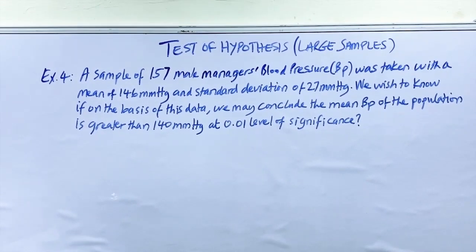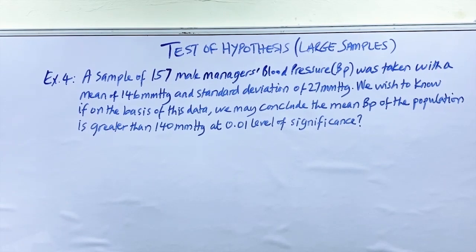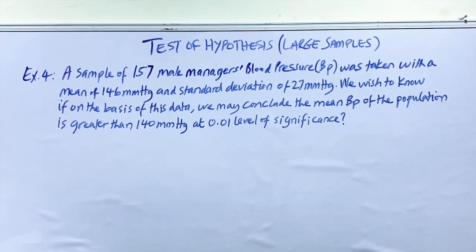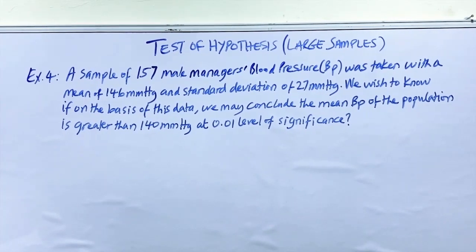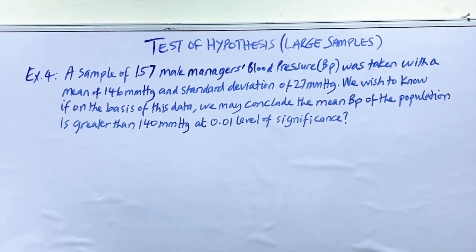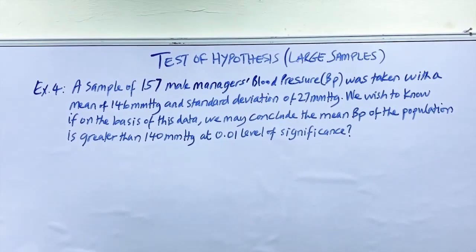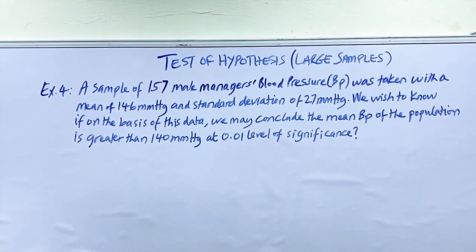We wish to know if, on the basis of this data collected from the sample, we may conclude that the mean BP of the population is greater than 140 millimeters of mercury at 0.01 level of significance.